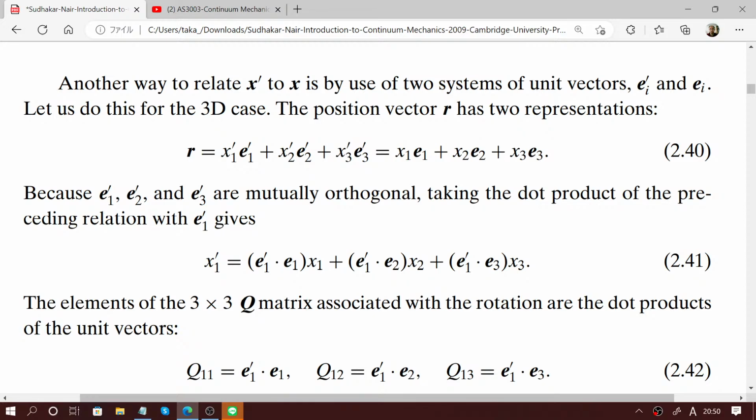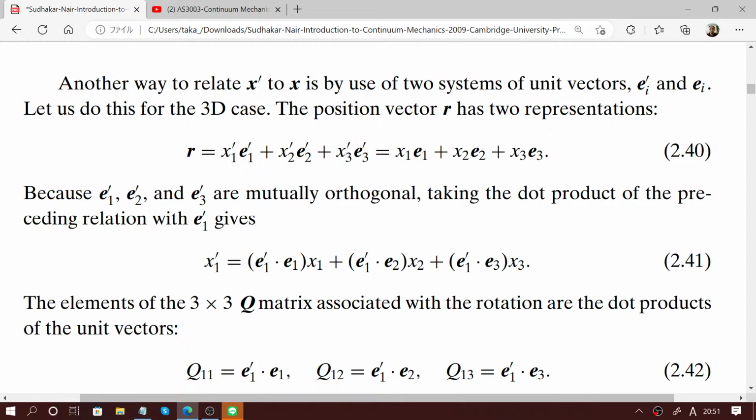R equal x1 prime E1 prime plus x2 prime E2 prime plus x3 prime E3 prime equal x1 E1 plus x2 E2 plus x3 E3, because E1 prime, E2 prime, and E3 prime are mutually orthogonal.